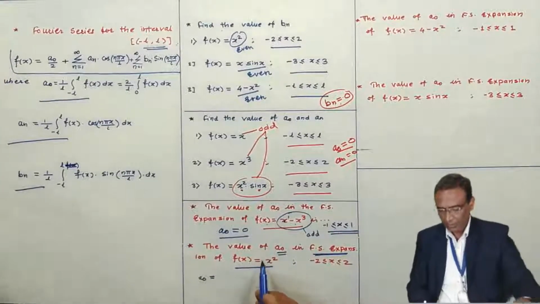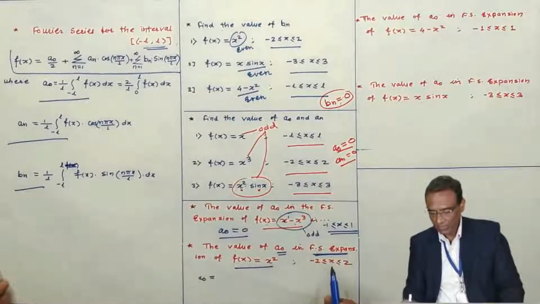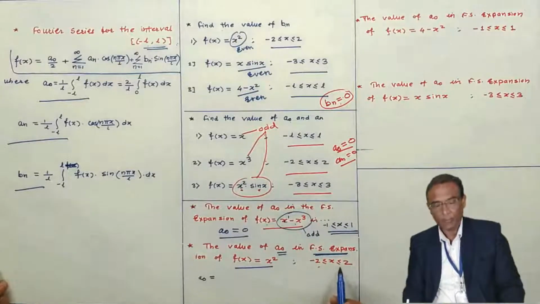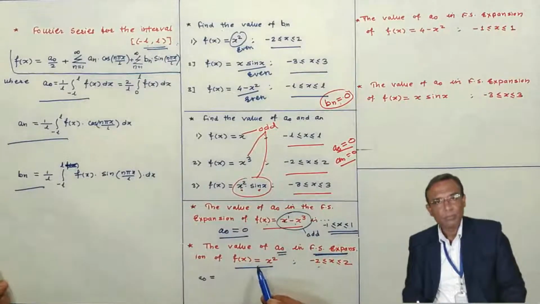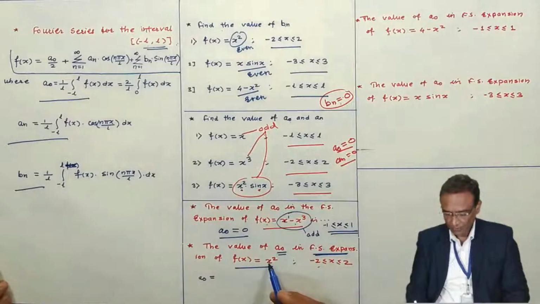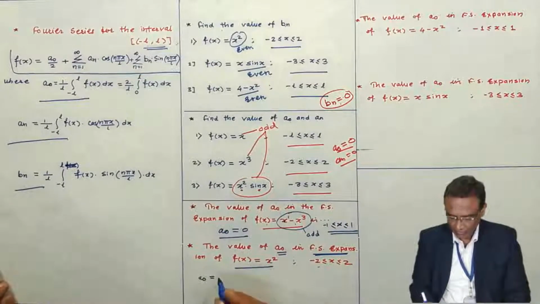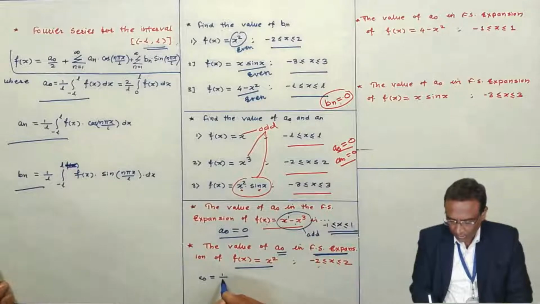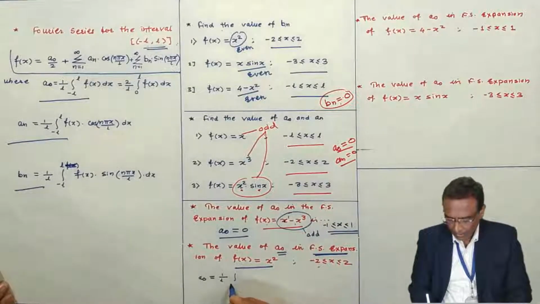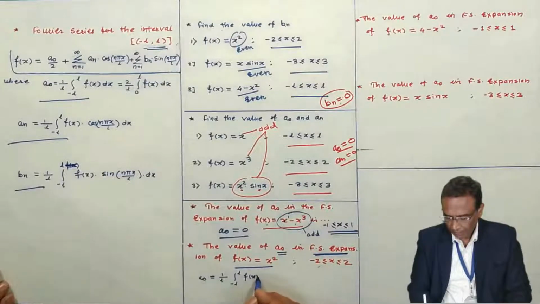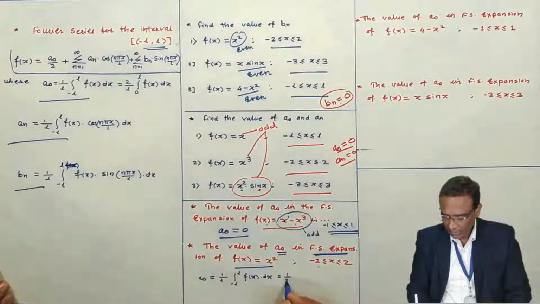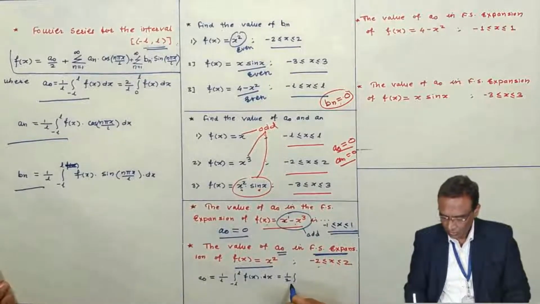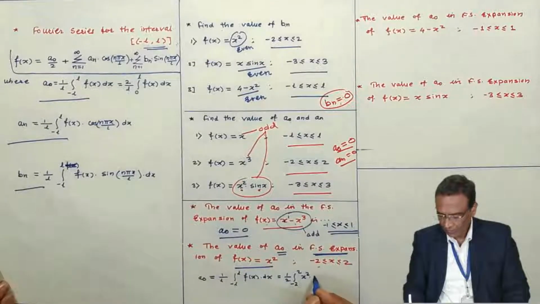This function is an even function, defined on a symmetric-to-0 interval. a0 need not be 0, an need not be 0 when the function is even. 1 by L, integral from minus L to L of f(x), we are integrating with respect to this. Here L is 2, and f(x) is x squared.